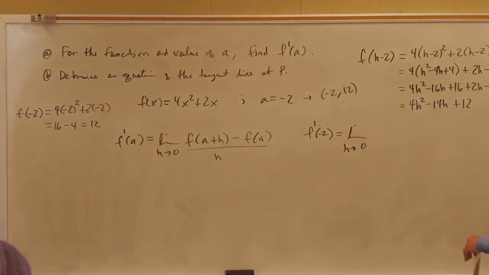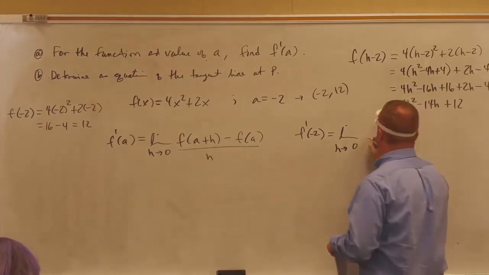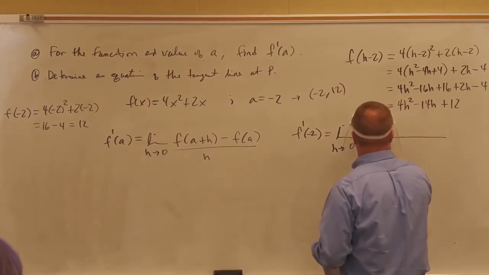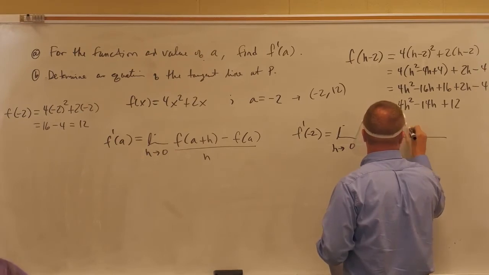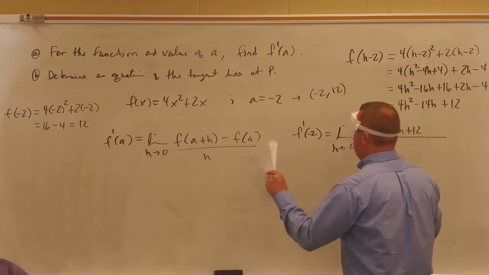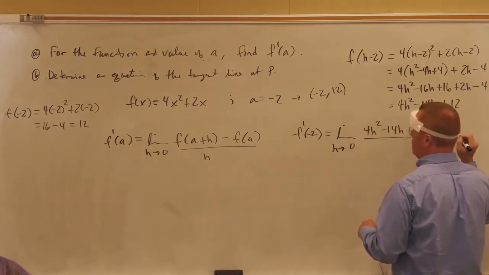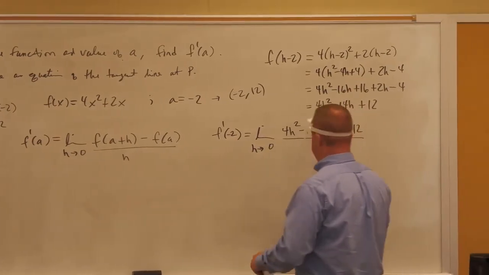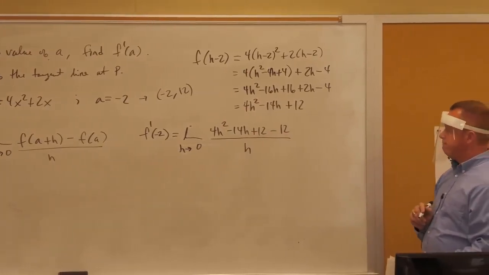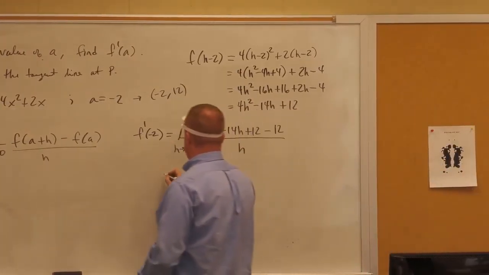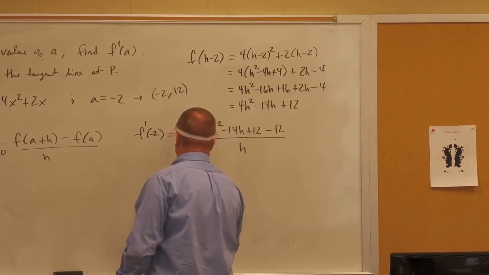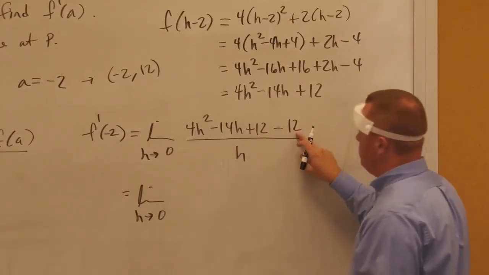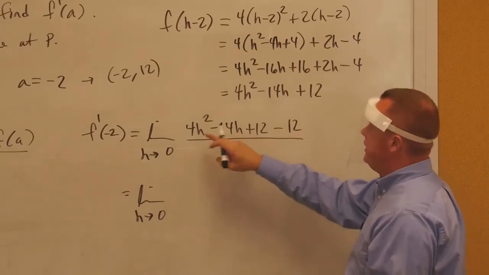Whenever a is negative 2. So it's the limit, as h approaches 0, of 4h squared minus 14h plus 12, and then minus 12. That's correct. Okay? So now this will be the limit as h approaches 0 of, so 12 minus 12 will be 0. Factoring h out of the top.